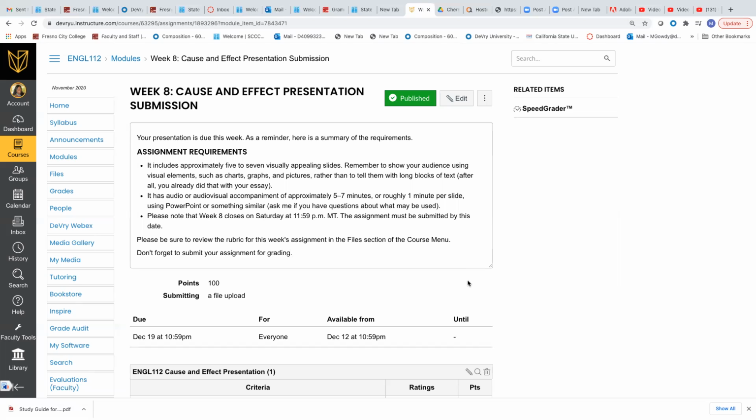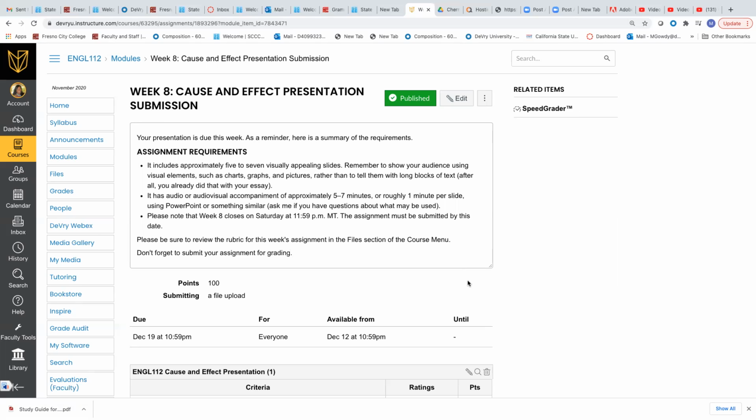I gave you a few choices. You can use Zoom, you can use Screencast-O-Matic, Kaltura. There's several programs that will allow you to show your PowerPoint by sharing your screen and narrating it. Just allow a lot of time to get it done because a lot of times mistakes do happen.